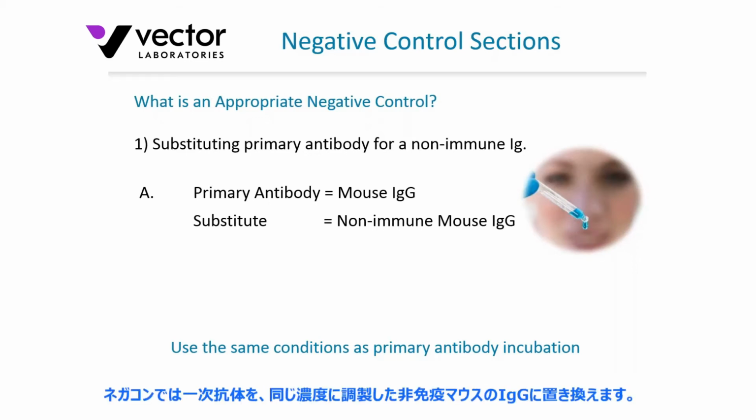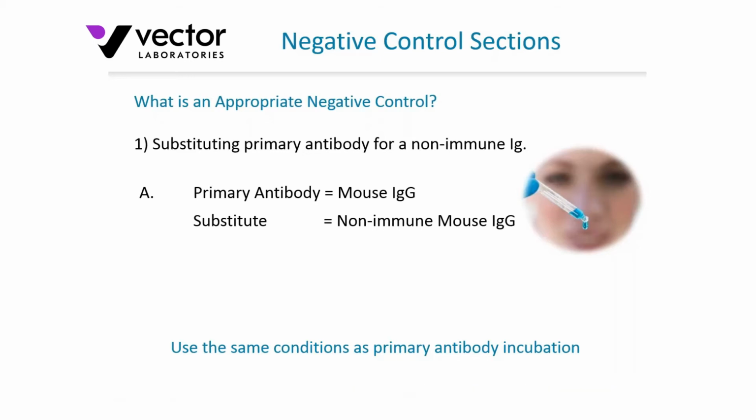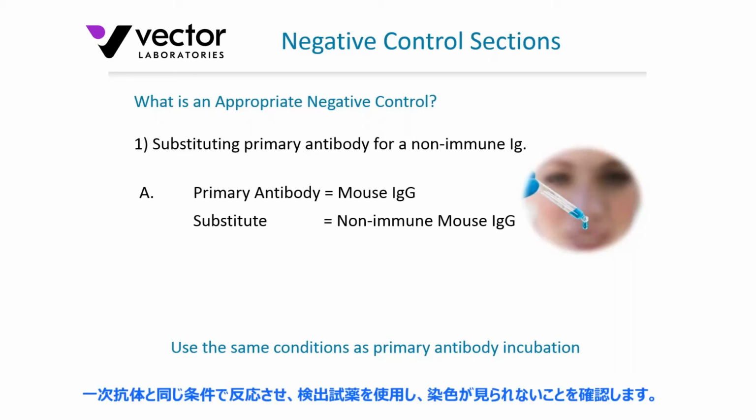It might be mouse anti, as I've used before here, Ki67, for example. So the idea would be to substitute in a non-immune mouse IgG at the same concentration and the same parameters as that primary antibody. Then you put on the rest of the detection reagents. The idea is then to see an absence or no staining on that tissue preparation.